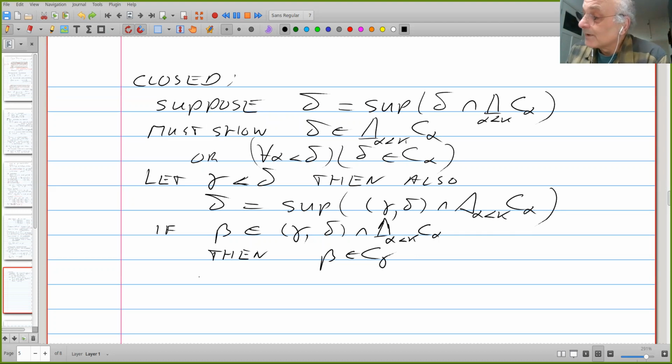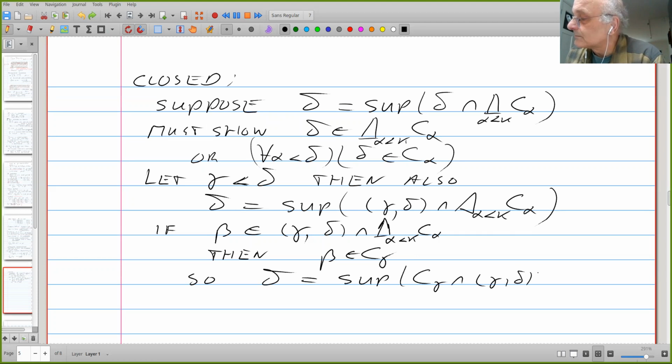So delta happens to be the supremum of C gamma intersect the interval delta gamma.